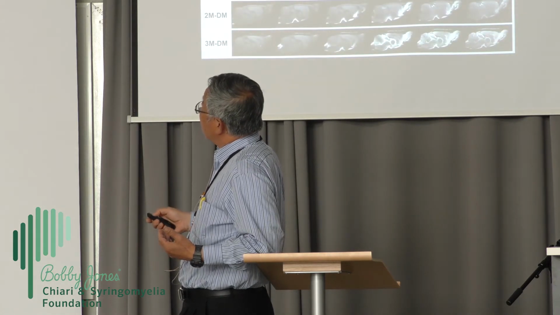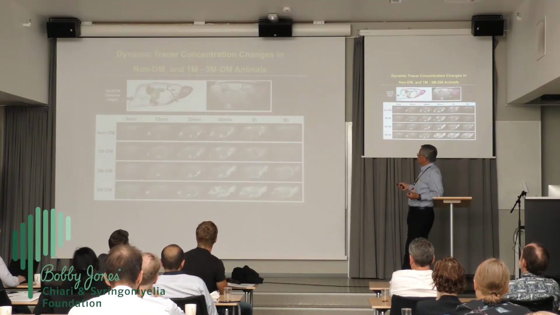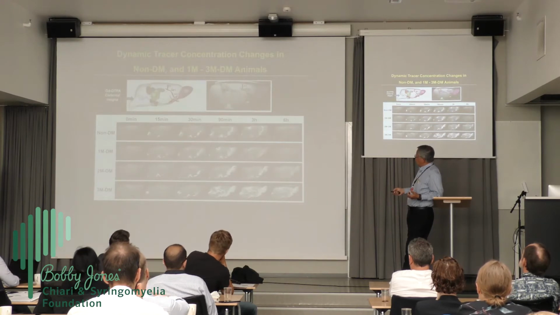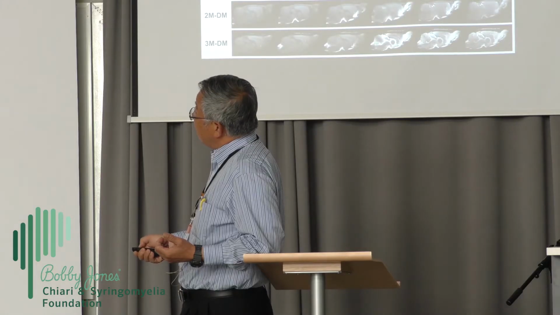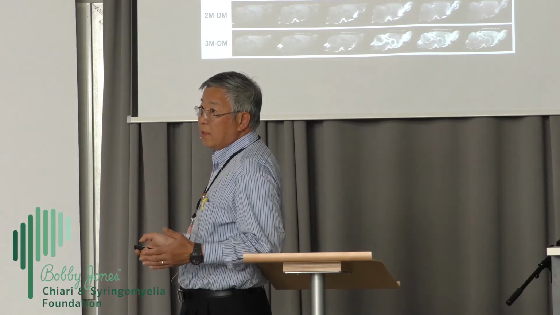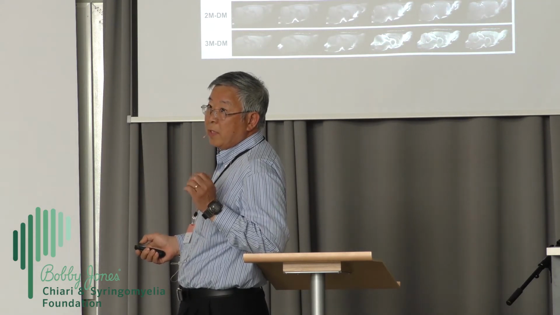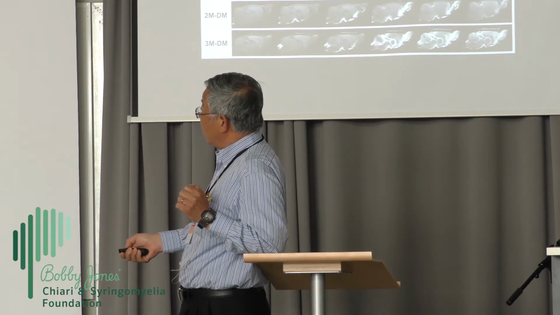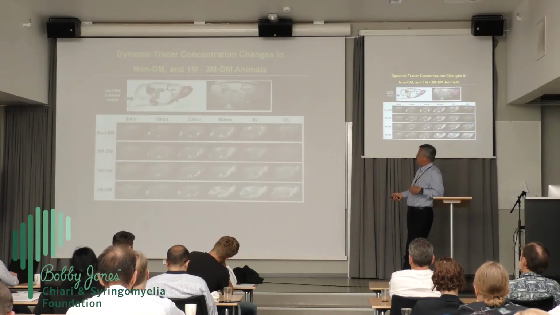This is the dynamic tracer concentration change in different groups of animals. The top line is control. One month diabetes means one month after injection, which is basically a pre-diabetic state. At 2 months they become diabetic, and at 3 months the diabetes is more severe.